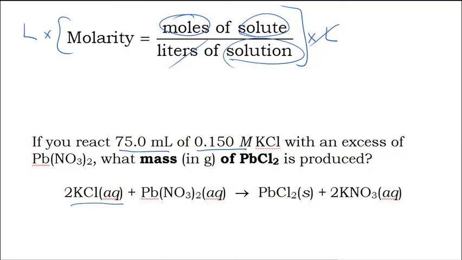That means we don't really have to worry about the amount of lead nitrate. That's in excess. What mass of product, lead chloride? Now, lead chloride is going to precipitate from that solution. It's going to come out as a solid. So we could then filter that solution, collect the solid, dry it, and then weigh it out, see how much we get. So what mass is going to be produced?